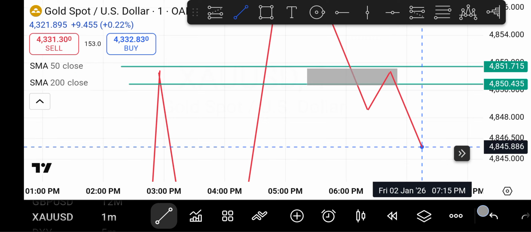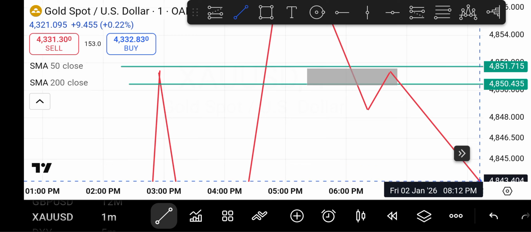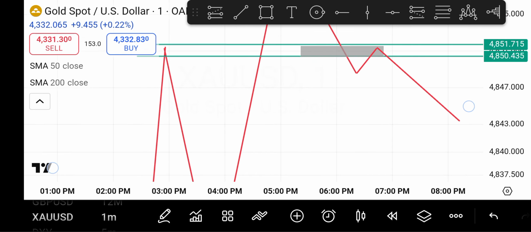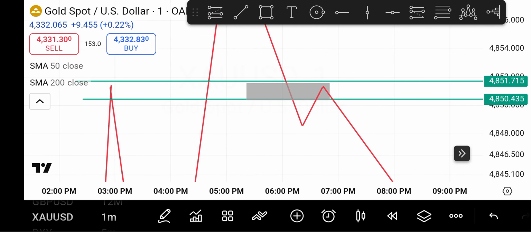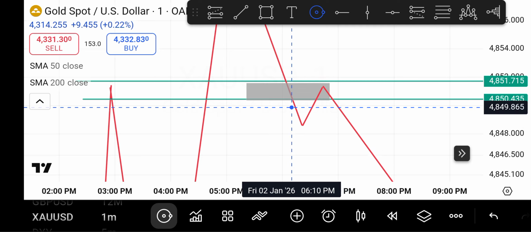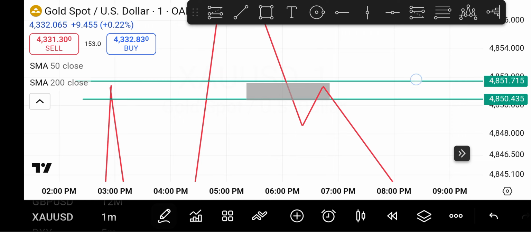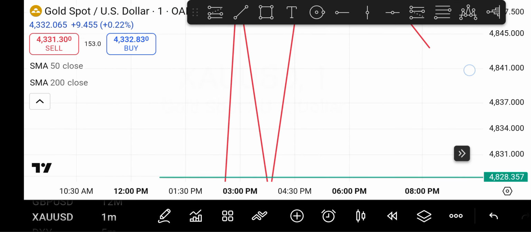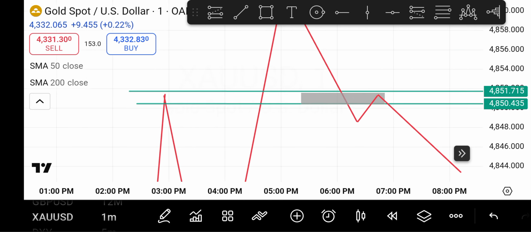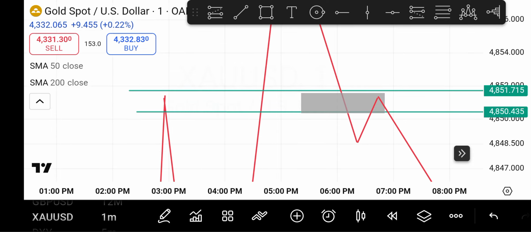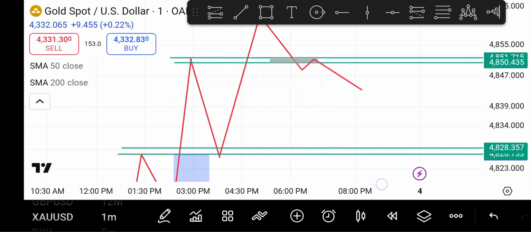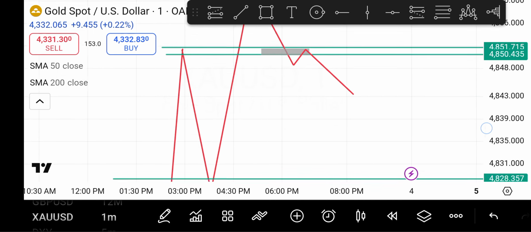So it's very self-explanatory. When you see that the price closes below this grey zone, which is the previous resistance area that we expected to become support, we expect the price to come back to the zone before going back to the downside.